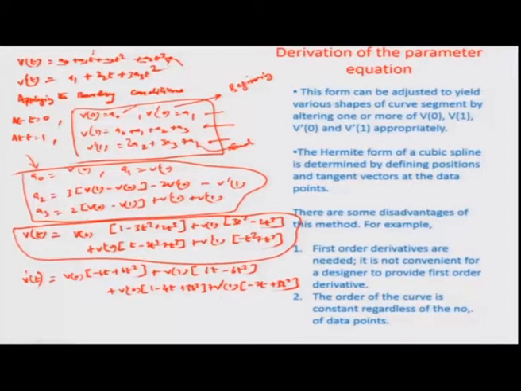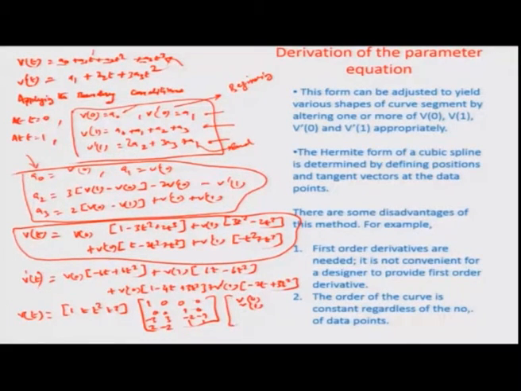So, in other words, if I wanted to represent the point vector v t in terms of a matrix representation, I should be able to have a multiplication of 3 different matrices. One is the parameter matrix 1, t, t square, t cube, plus a connecting basis matrix, which in this case would be a 4 by 4: 1 0 0 0, 0 0 1 0, minus 3 3 minus 2 minus 1, twice minus 2 1 1, and a matrix which is corresponding to the boundary conditions.